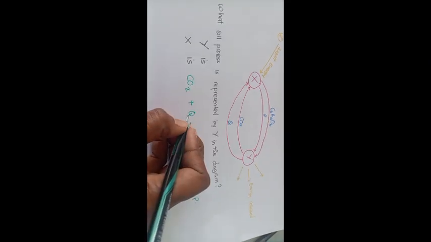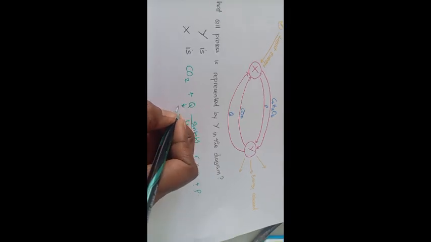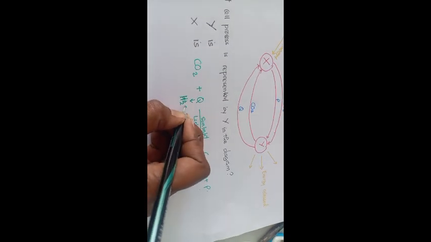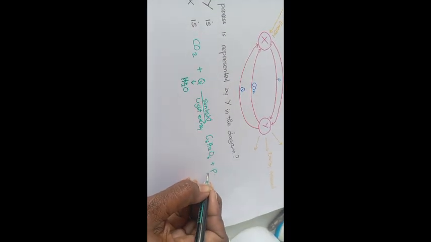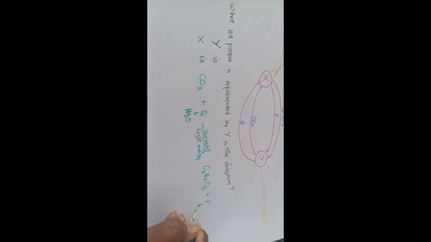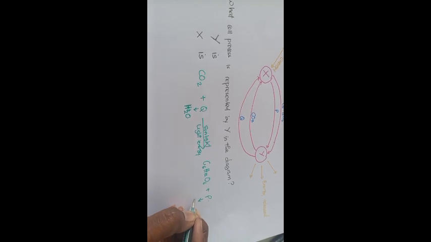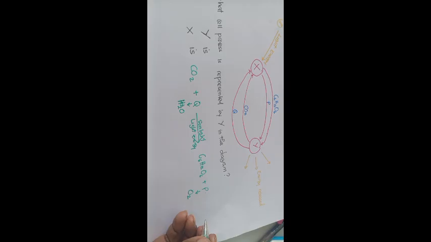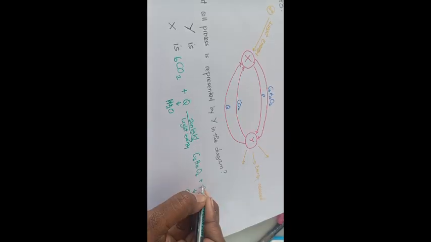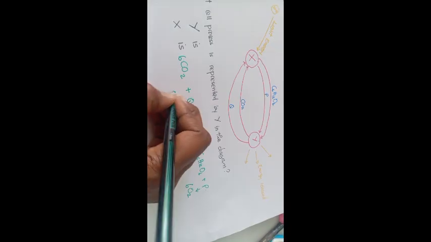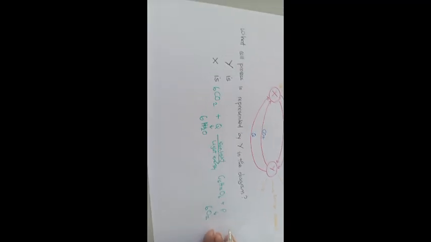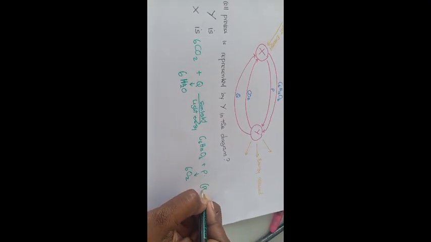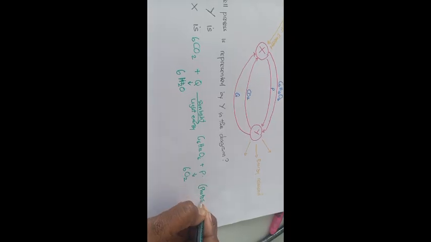To make it clear, this Q can be water, H2O, and this P here is the byproduct of photosynthesis, and it would be oxygen. We can balance it afterwards. So the process X is photosynthesis.